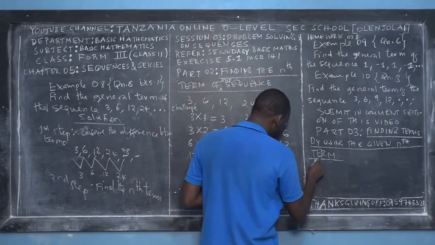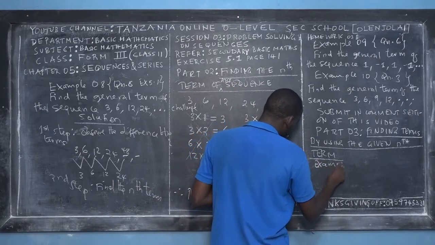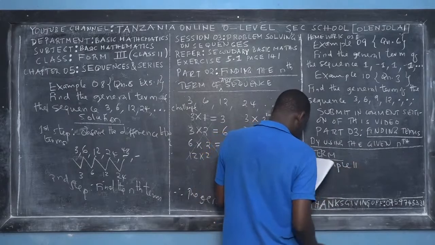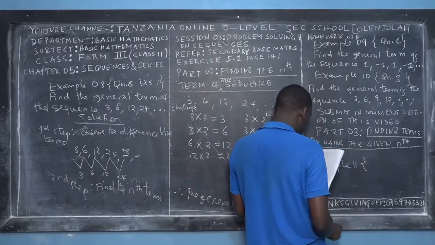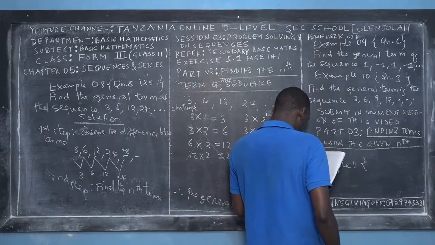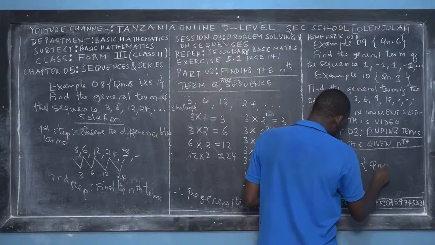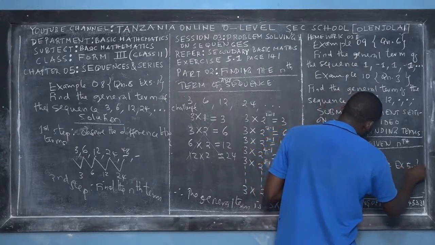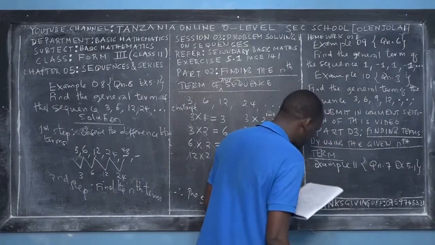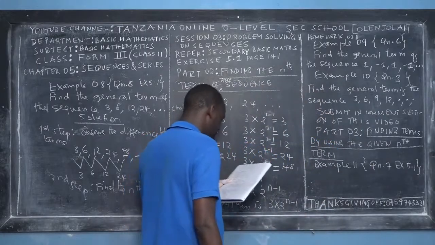Well, so let us go to examples regarding this concept. This will be example 11, which refers to exercise 5.1, question number 7, in the book of Secondary Basic Mathematics Form 3.